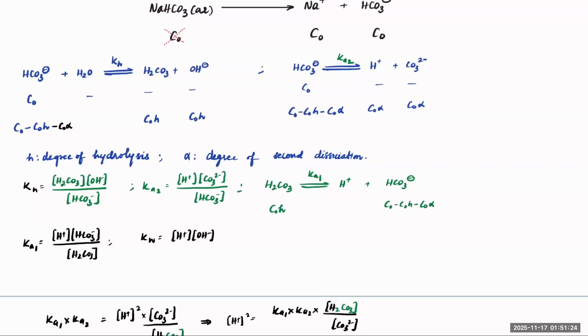Whenever we do hydrolysis, correct? It's not like the compound will completely get hydrolyzed with water and form everything in products. There will be large composition of the reactant left. Only a small amount of hydrolysis is often observed. Similarly, HCO3 minus is a very, very weak acid. Since it's a weak acid, we can expect that there is a very small amount of dissociation also that we can observe.